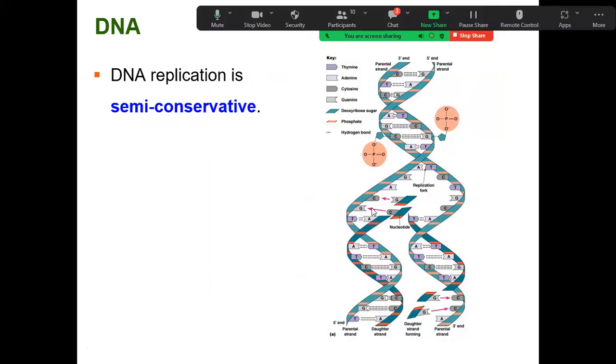This has a G there, so the polymerase will add a C. This is a C here, so the polymerase will add a G. This we say is DNA replication happening semi-conservatively, where one strand is used as a template to build the new strand. And then that's true for this strand here. One strand is used as a template to build the new strand. That's called semi-conservative replication.